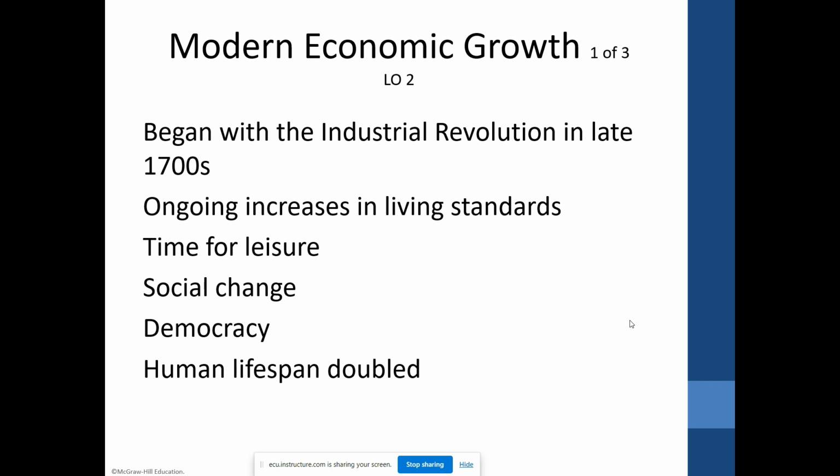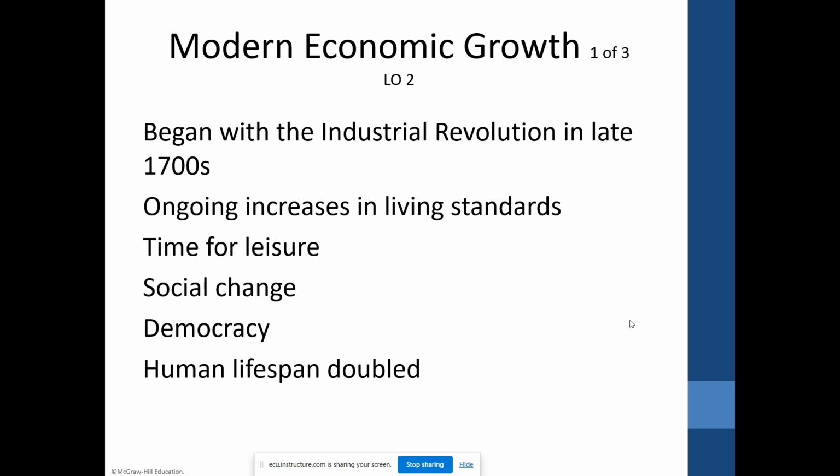Prior to the Industrial Revolution, living standards were basically stagnant for long periods of time. Since then, however, modern economic growth has been characterized by sustained and ongoing increases in the standard of living. This growth has dramatically affected cultural, social, and political arrangements.